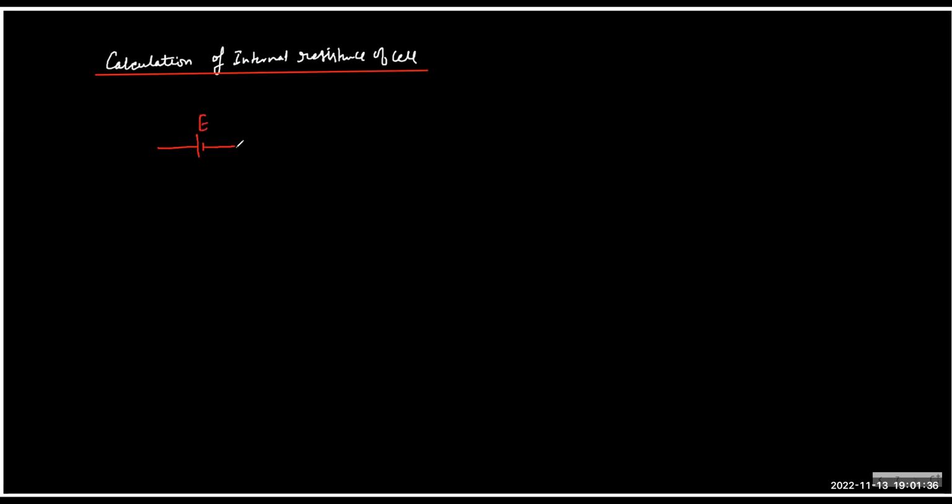The driving circuit only has E and R and the potentiometer wire, and we know that current in the circuit is E by R plus R naught. This calculation is important because this current will not distribute. The moment current distributes, you have to solve from the basics, using the normal idea of circuit. We'll come to that question as well, when current is also flowing through the circuit.